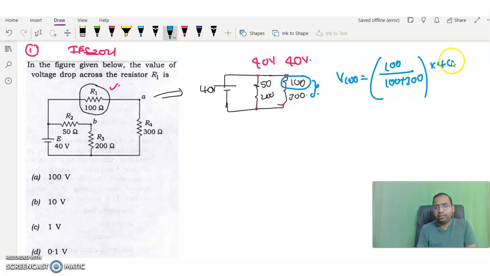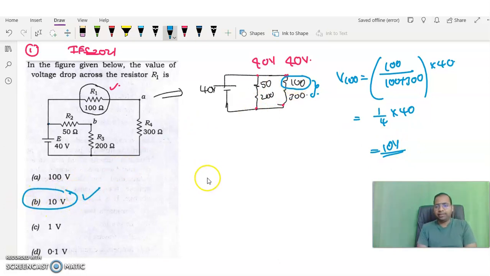How much is the total voltage? 40 volts. So that is equal to 1 divided by 4 into 40, that is equal to 10 volts. That means the voltage drop across this 100 ohms is 10 volts. So option B is the correct answer.